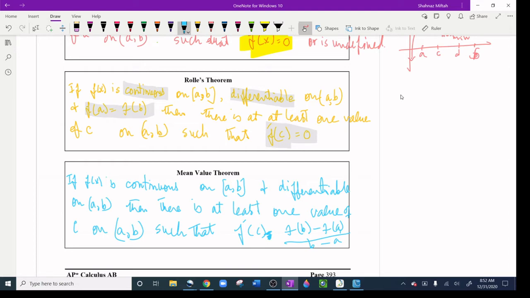Look, so f of A, f of B the same, like y value is exactly the same. I'm gonna say this is f of A and also f of B, they are the same. Now they are horizontal tangents, horizontal tangents, so it's differentiable everywhere.